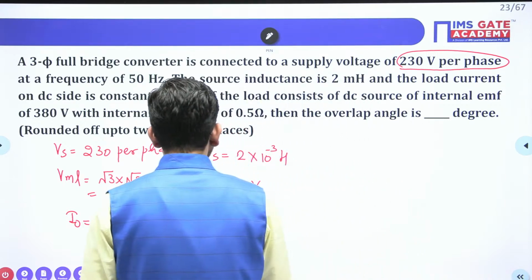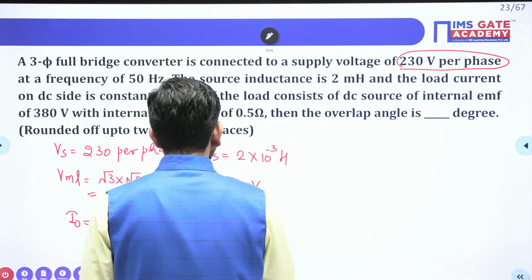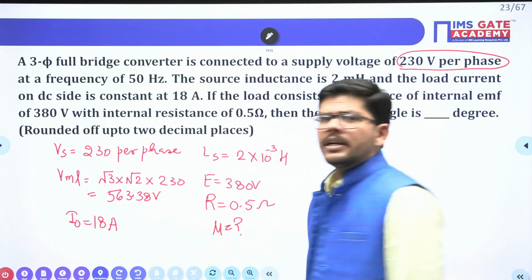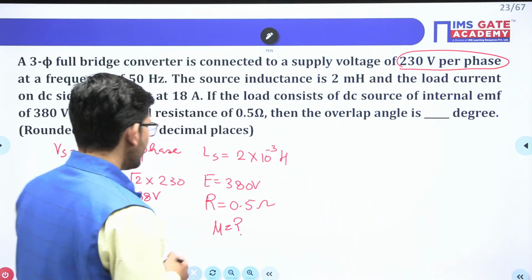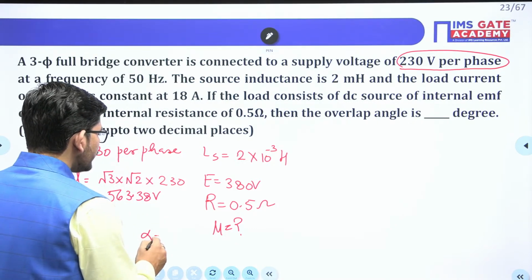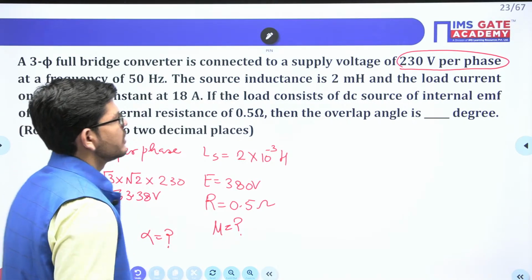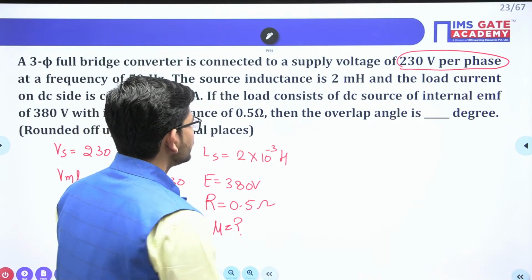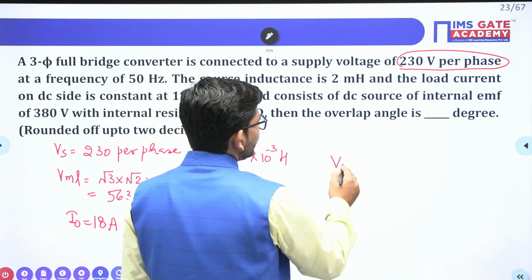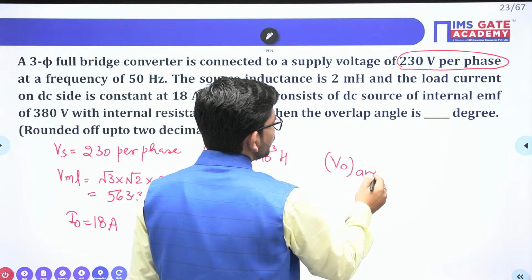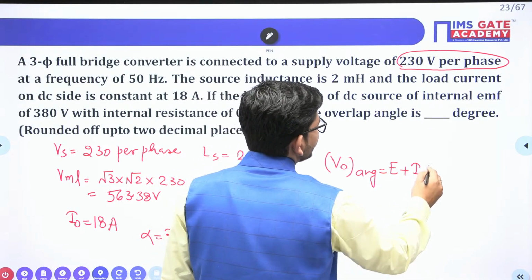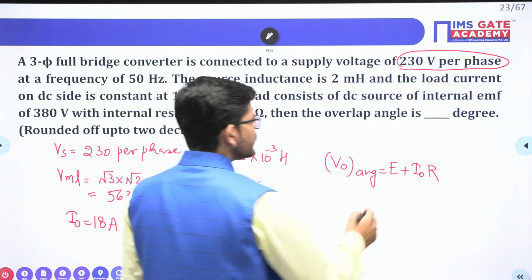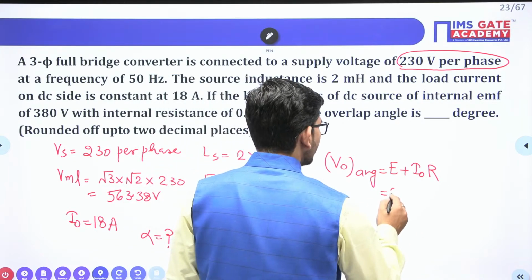We have to calculate the value of mu, and you can observe the value of firing angle is also not given to us. So we don't know the value of firing angle as well. First of all we can calculate the average value at the load end by applying the load side KVL, which is V naught average is E plus I naught R, and we have the required data.